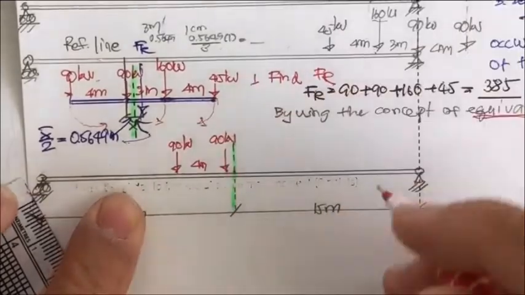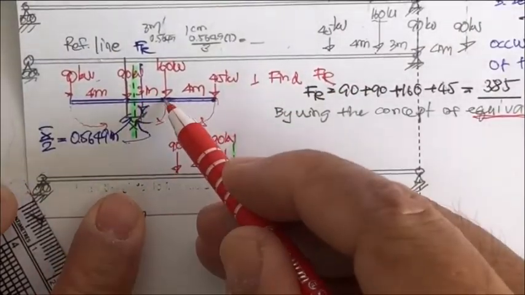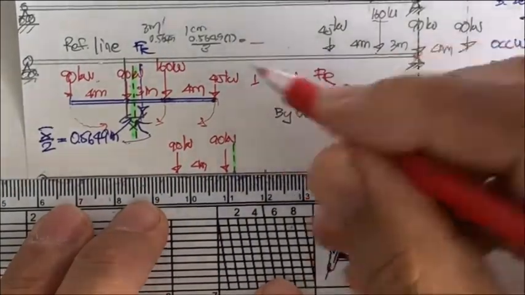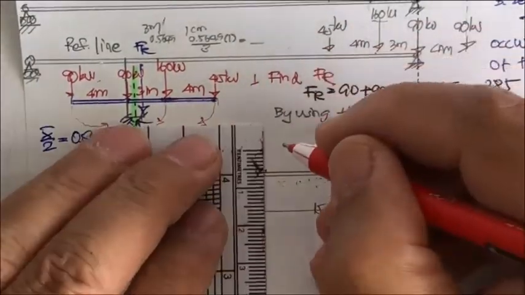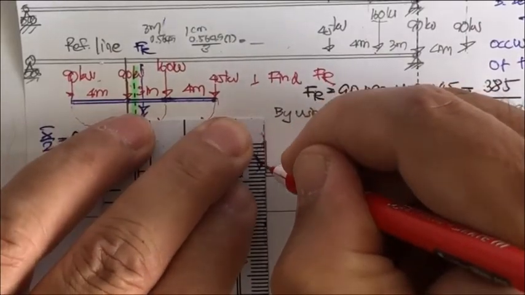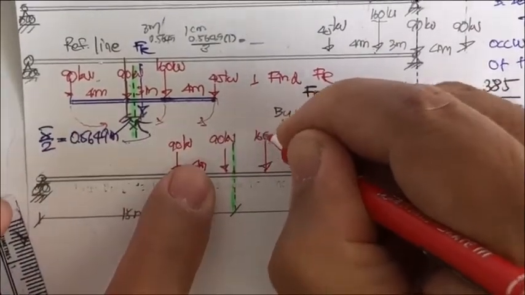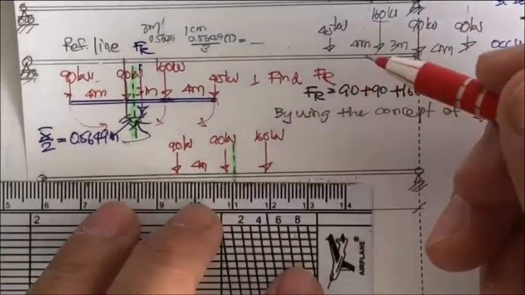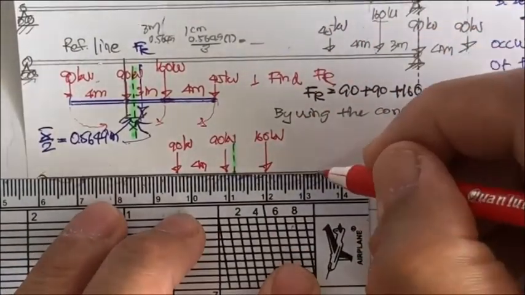This is 4 meters. And then you move 3 more meters. Okay, you got 160 kilonewton. And if you move 4 meters, that is about 13 millimeters.